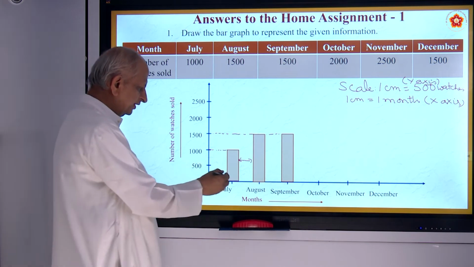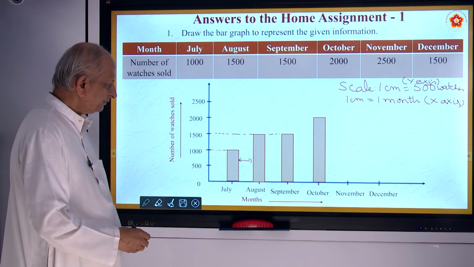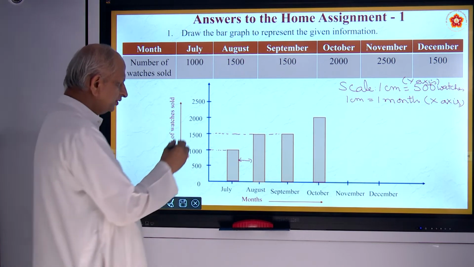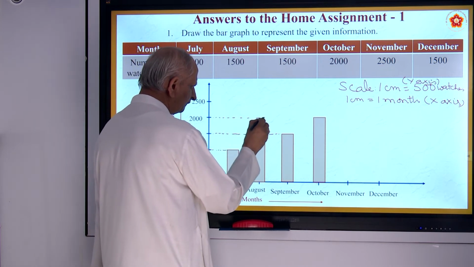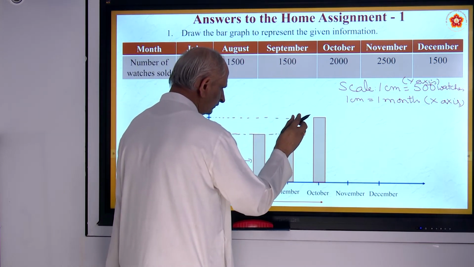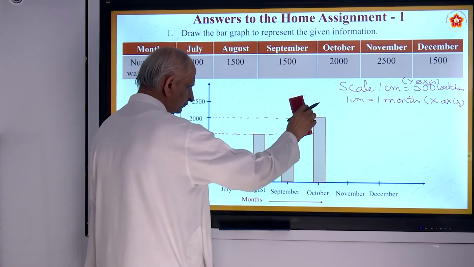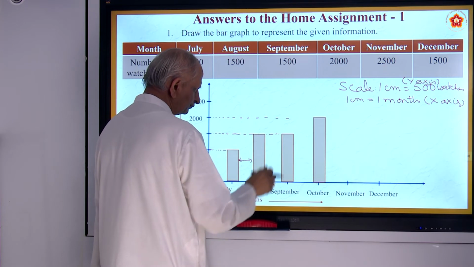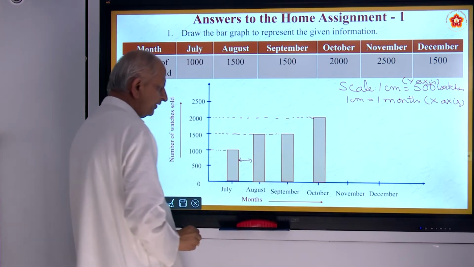And this centimeter should come in the middle of this. In October, it is 2000. So for the line of 2000, you must draw a rough line. I am drawing roughly.